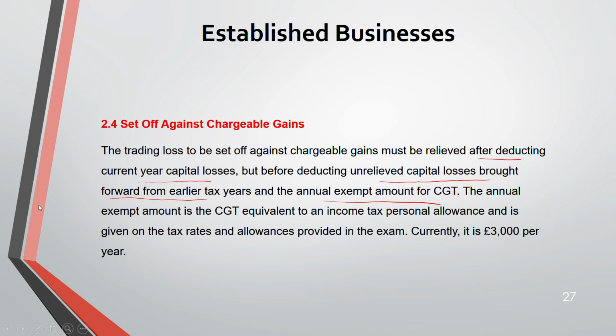I've just shown you a pro forma where we are deducting it from chargeable gain. You have to follow the same. The annual exempt amount in CGT is equivalent to your income tax personal allowance. Currently your annual exempt amount for CGT purposes is 3,000.